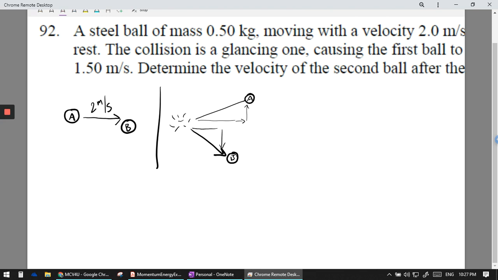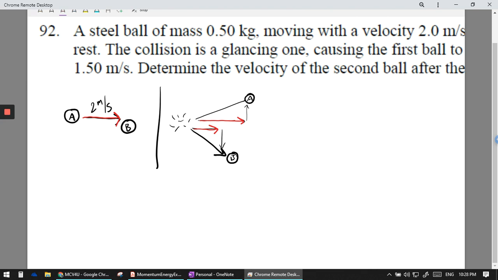So basically what's happening here is all of this momentum right here should be equal to these two momentums here, because our horizontal momentum is conserved, right? So that red vector should add up to both of those red vectors.